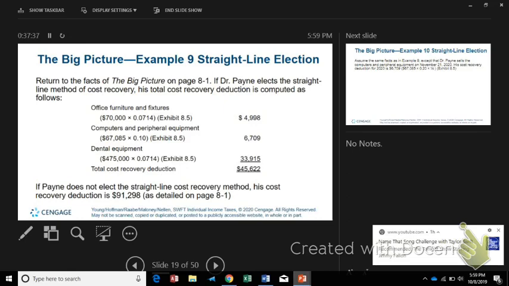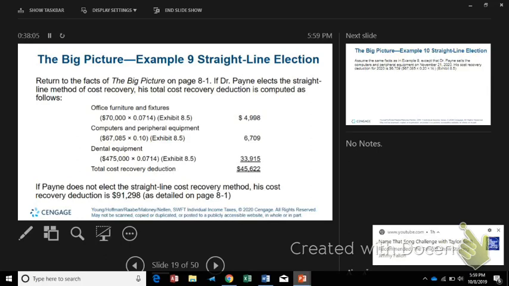So this is Dr. Payne, and they went through and looked at his cost recovery as if we would do it straight line. We did it mid-quarter. He originally did it half-year. If he were to do it straight line, it would actually fall in between the two. So half-year was not right; this is actually the right way of doing it.